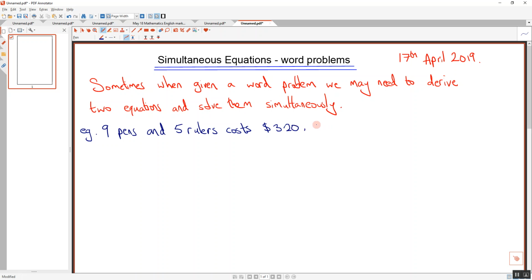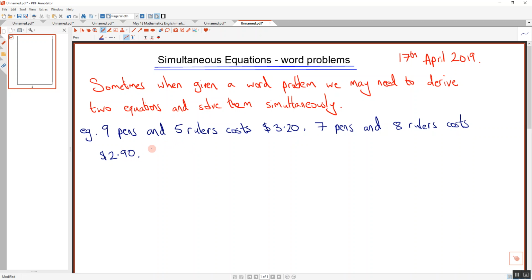We're also told 7 pens and 8 rulers cost $2.90.